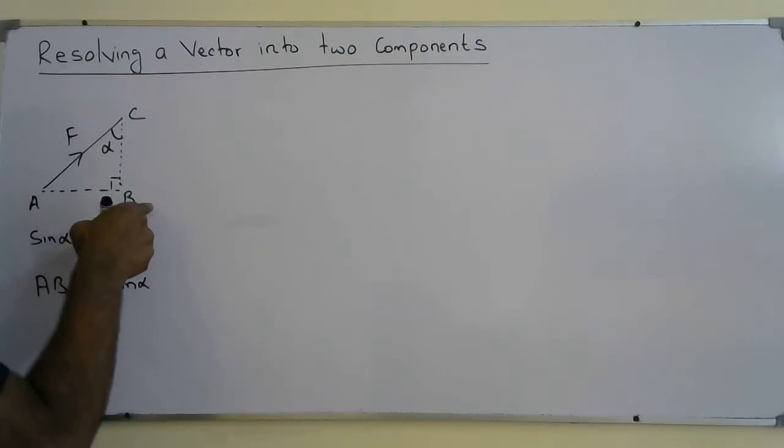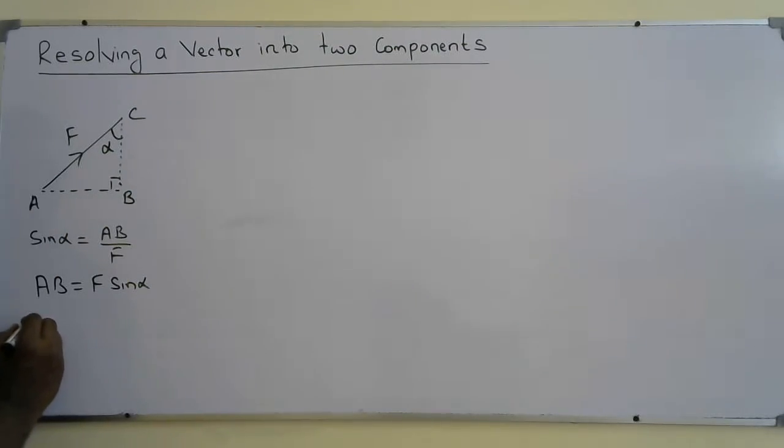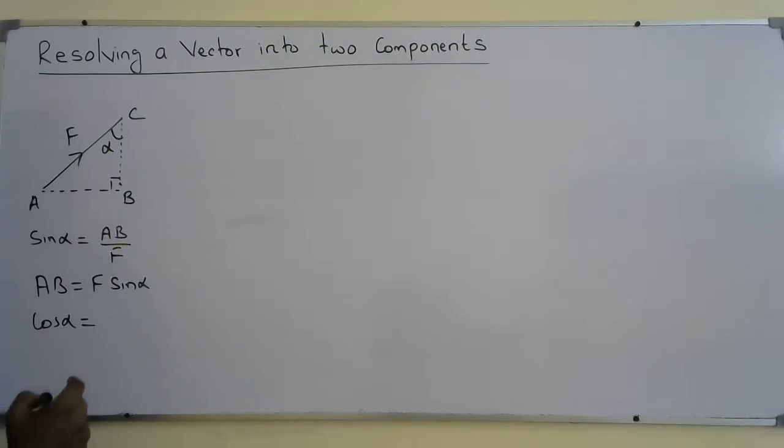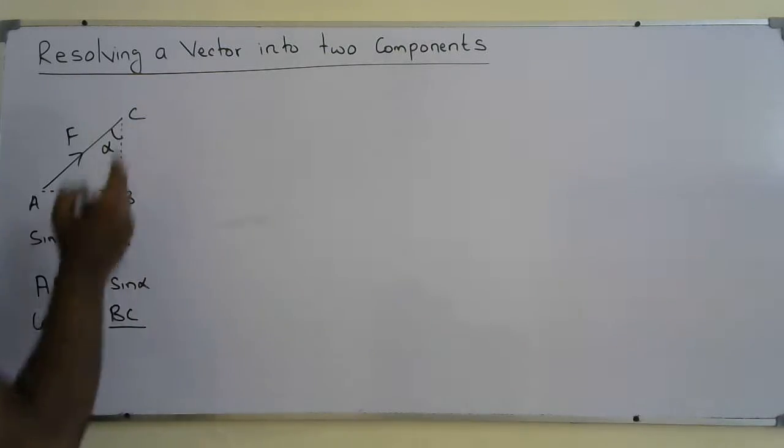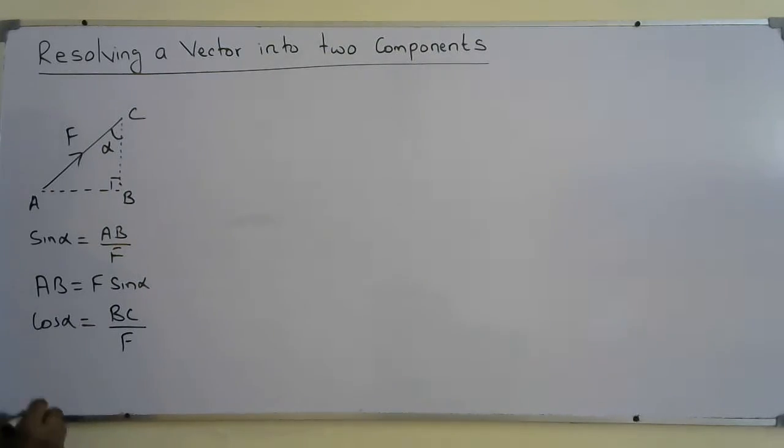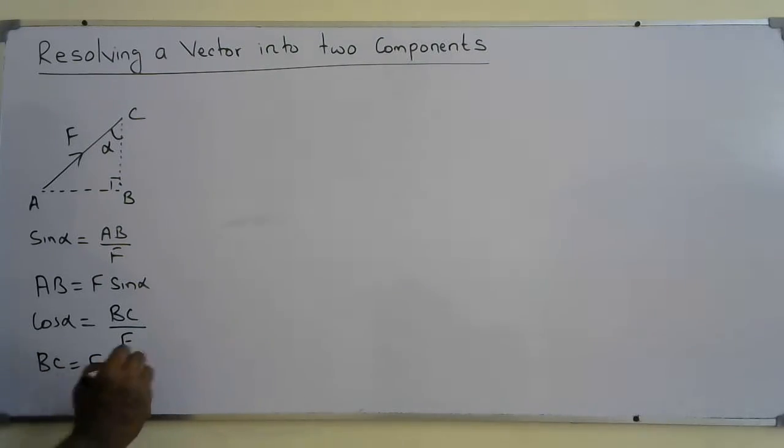In the same way, cos alpha equals BC over AB, that is F, so BC equals F cos alpha.